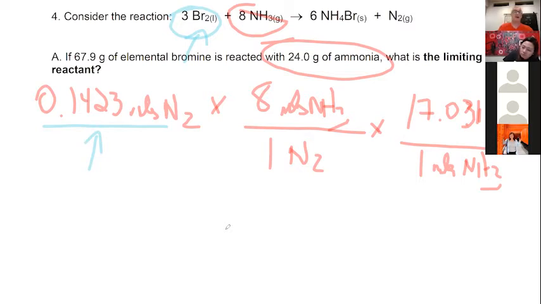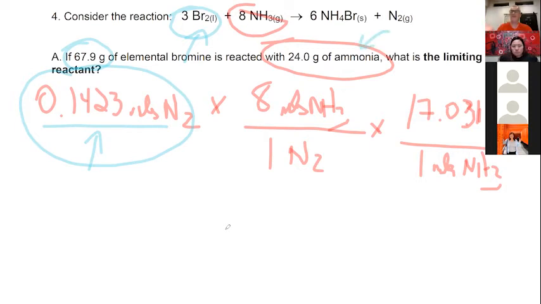So what I'm doing now is figuring out how much product was made, and how much ammonia was used in making it. Because I know how much bromine was used in making it, 67.9 grams, and then it's all gone. So there's none left. But there's ammonia left over. The question is how much ammonia is left over? Well, to answer that question, I know how much was there at the beginning.